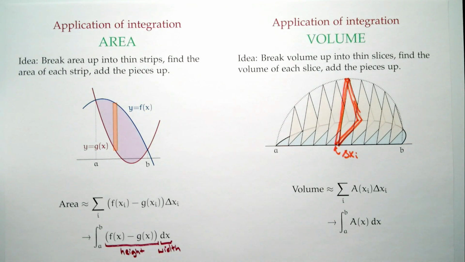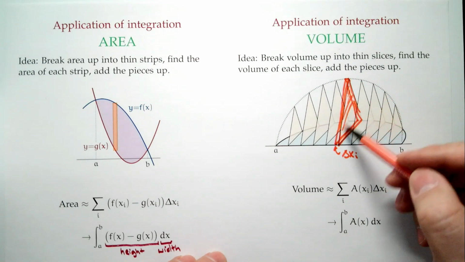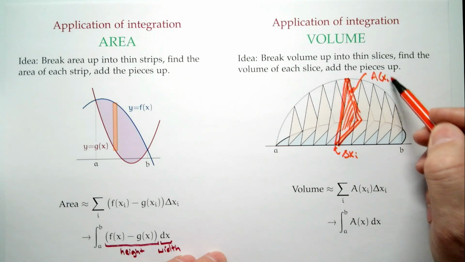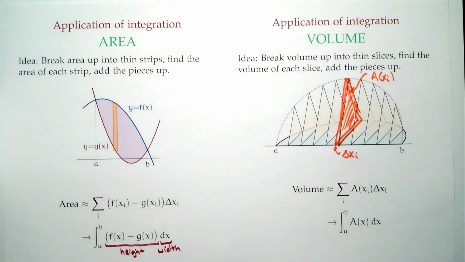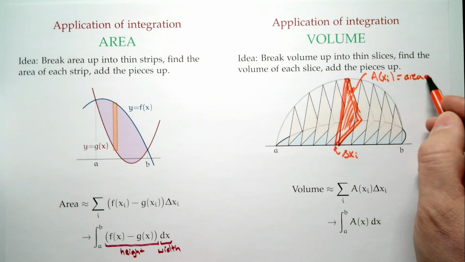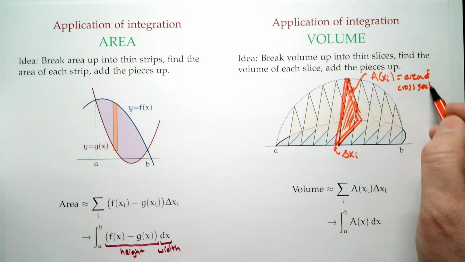All right, so how do you get the volume? Well, what you do is you find the area of this shape. So the area, A of xi, that's the area of the cross-section. Once we take the area times the height, well, area times height is volume.